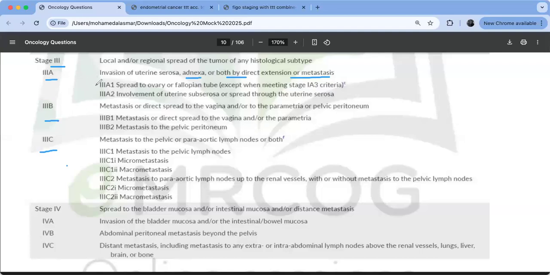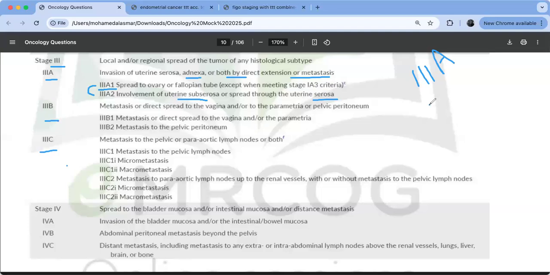So 3A is also subdivided into 3A1 and 3A2. Spread to the ovary or fallopian tube is 3A1. So this is adenocarcinoma that started in the uterus and then spread to the tube or the ovary. In 3A2, there is involvement of the uterine subserosa or spread through the uterine serosa. So in the exam, he can tell me the tumor involves the serosa, and I have a choice of 3A, which is correct.